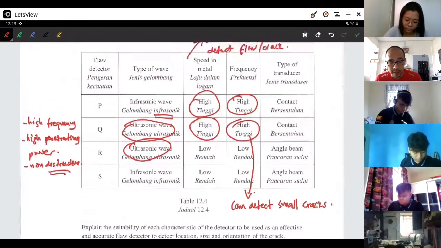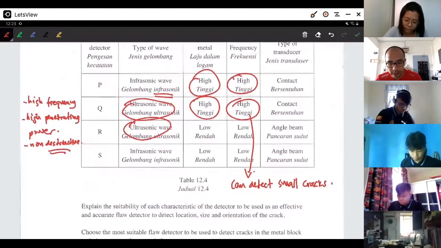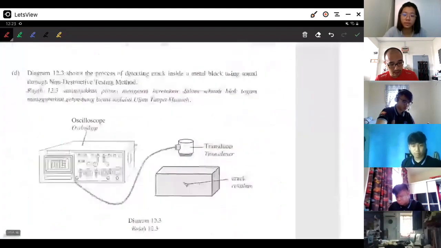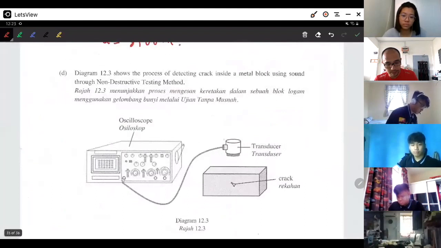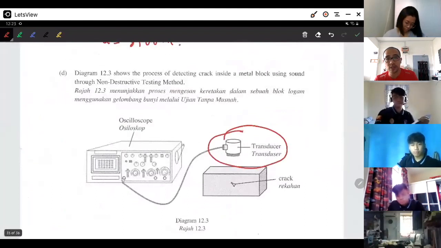All right, transducer, contact or angle beam. Wow, it's so interesting. What is a transducer? I think transducer is this one. This is a transducer.